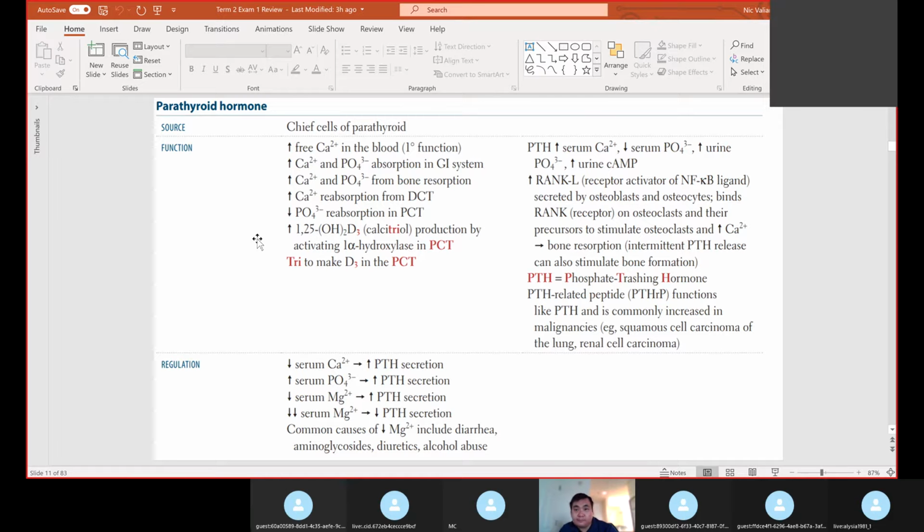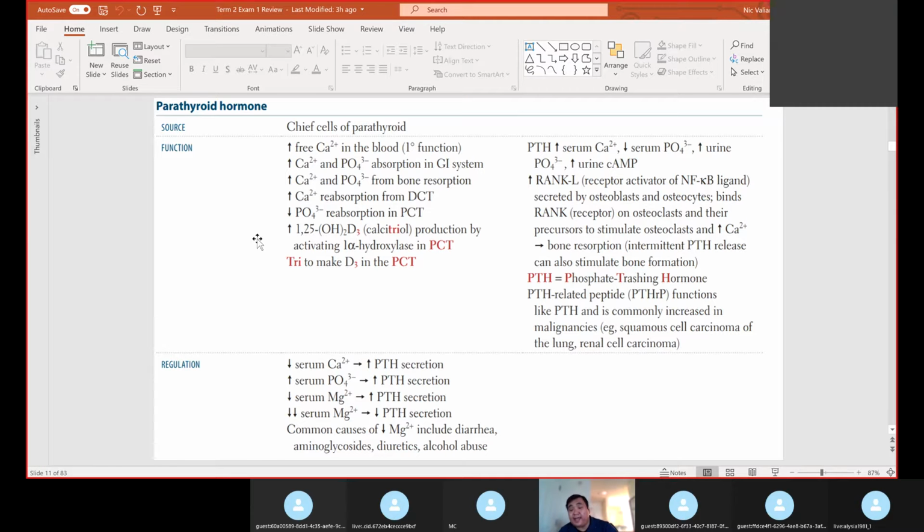In the liver, it's the 25 hydroxylase, to convert your cholecalciferol to 25 hydroxy D3.